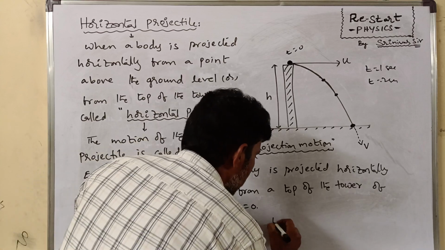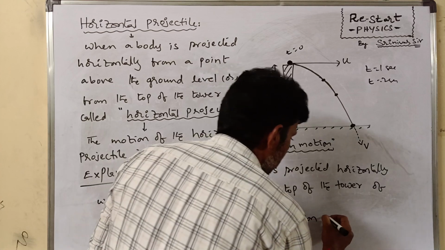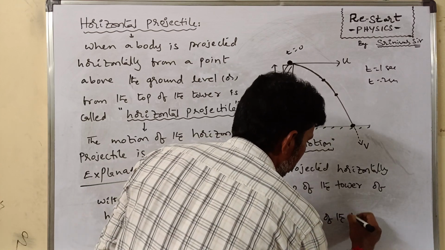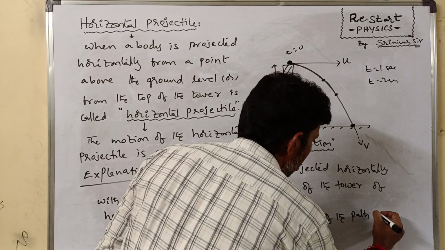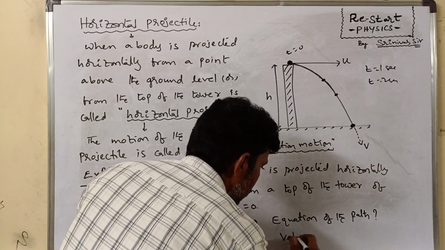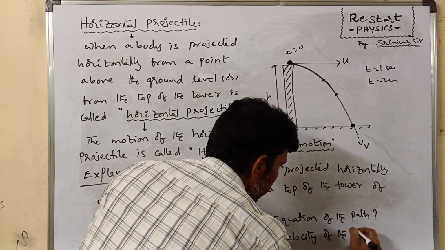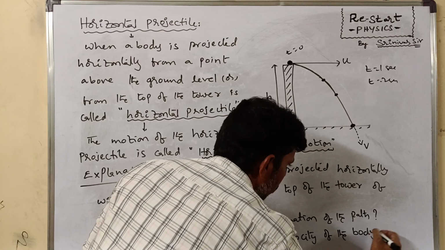We can find the equation of the path of the projectile, and after some time t, the velocity of the projectile or body.